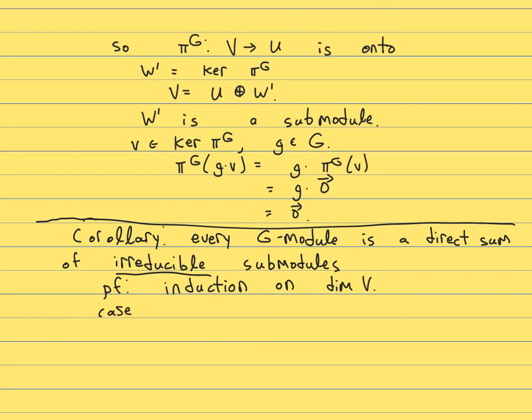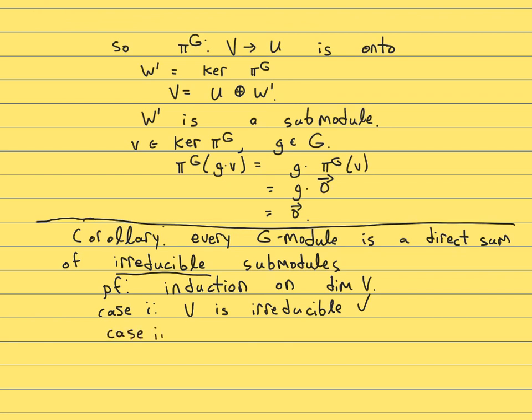And so case 1, V is irreducible. You're done, nothing to prove. Clearly it's a direct sum with itself. It's a direct sum with only one term.